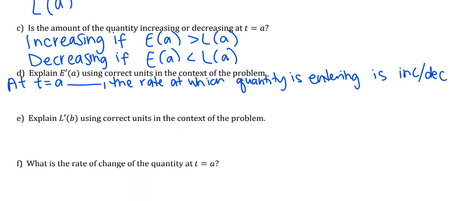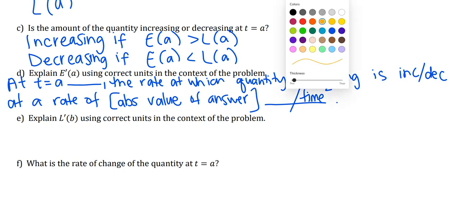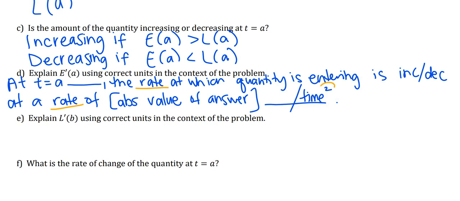And then at a rate of, and then take the absolute value of your answer because you've already stated the sign with your increasing, decreasing. You don't want to say decreasing at a negative value. And then don't forget units. And your units this time, since we started with something over time, it'll be something over time squared. So once again, how many times do you see the word rate in our sentence? Should see it twice, and then I should have 2 units of time there in the denominator.